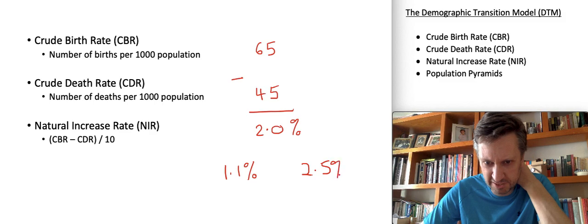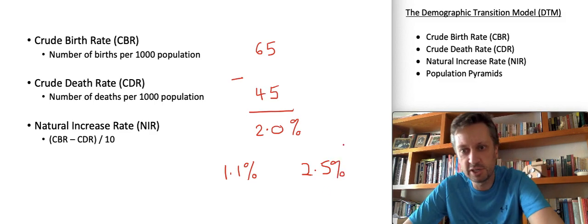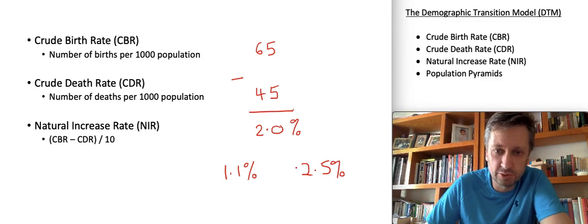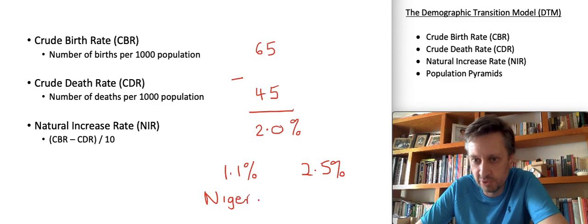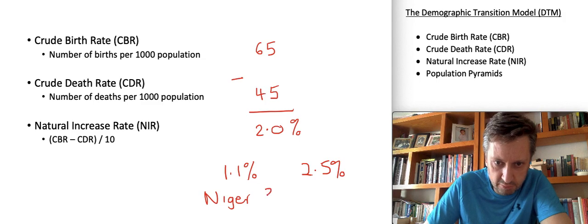So that was around 1964, 65, I think, 2.5%. So the natural increase rate is falling. If you look at some countries, the highest natural increase in the world is Niger. We looked at this before. Niger currently has a natural increase rate of, I'll just check, 3.8%.